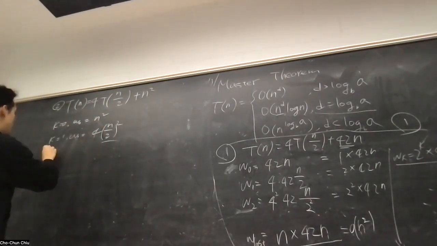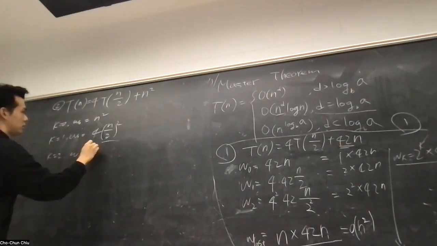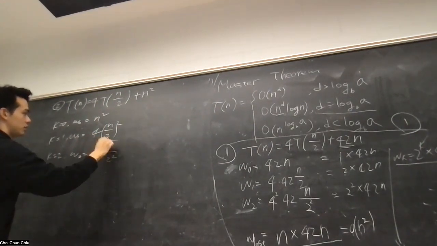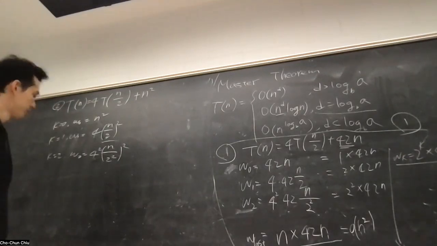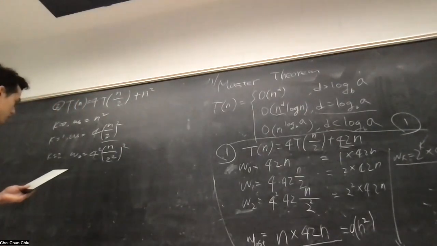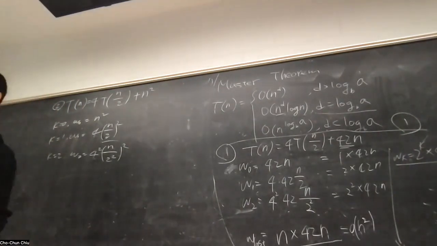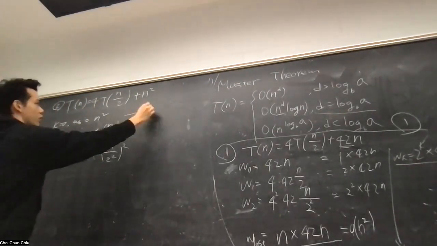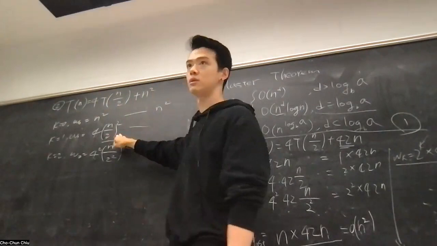How about k is equal to 2? You have... Make sense? So for this one, we know that's going to be n squared. How about this one?